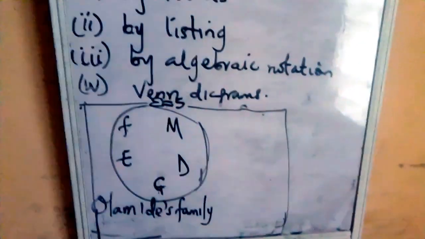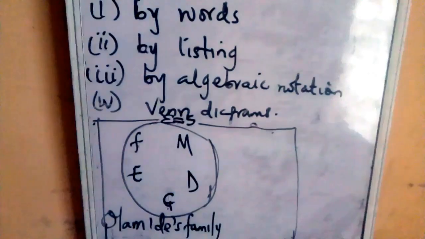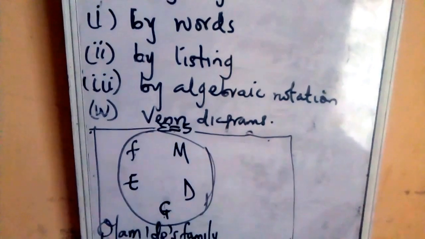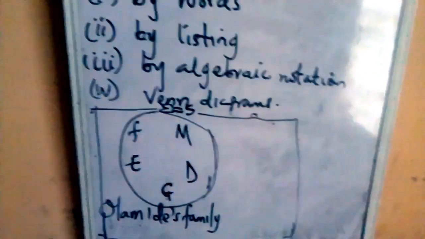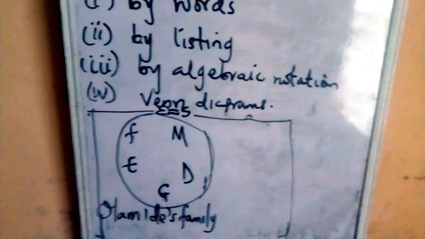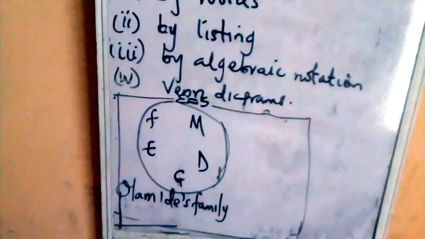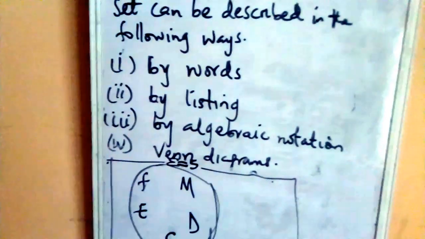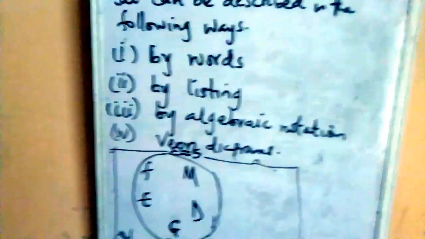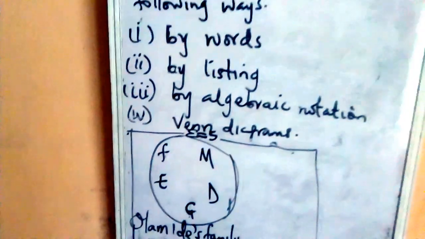I hope you understand. So there are 4 ways in which we can actually represent sets. We can use word statements. We can list out the elements of the set, one by one. We can use algebraic notation, and we can use Venn diagrams to represent the set. So in the next lessons, we'll be looking at the types of sets, because we have different types of sets.